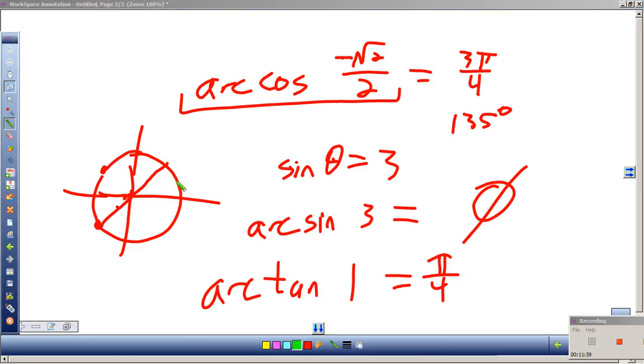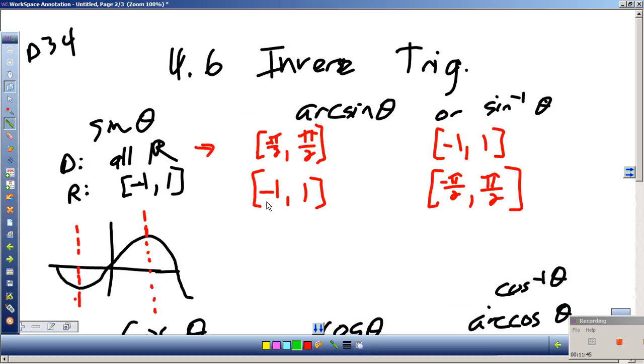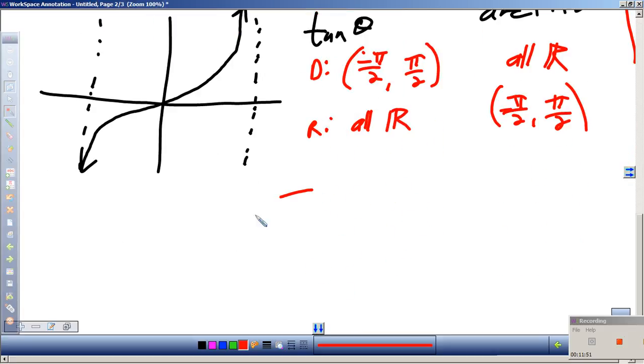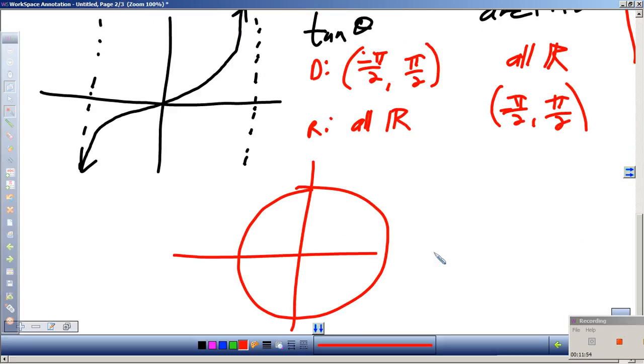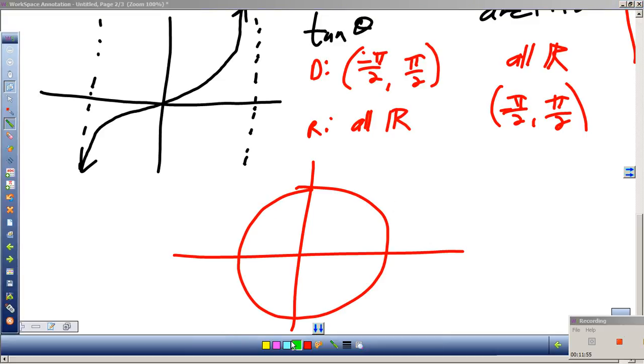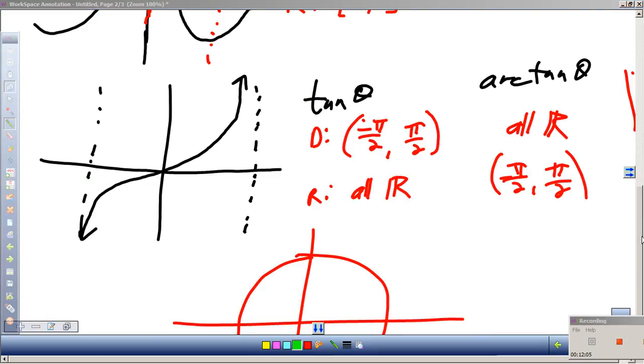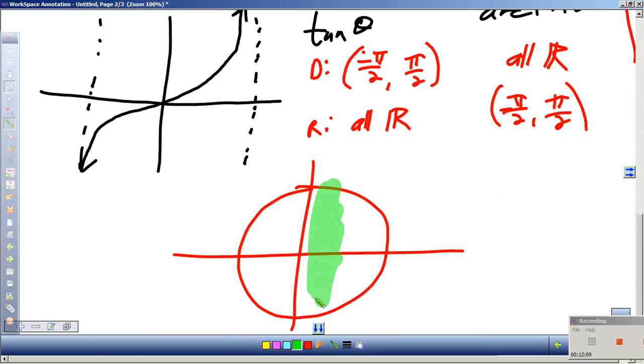Okay? Let's go back here, on the unit circle. So notice, what is the domain of sine? We went from -pi/2 to pi/2, so sine only gives answers over here. That gives us where our arc sine is coming from. Do you understand what I mean by that?